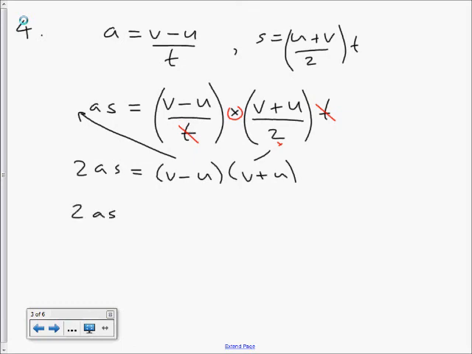So 2as equals v squared minus u squared. And so if we make v squared the subject now, v squared equals u squared plus 2as, put v squared on the left-hand side. All right, so that's the fourth of the equations derived.